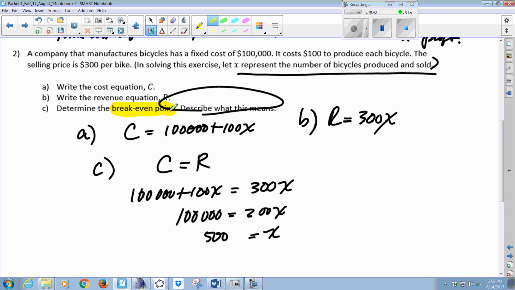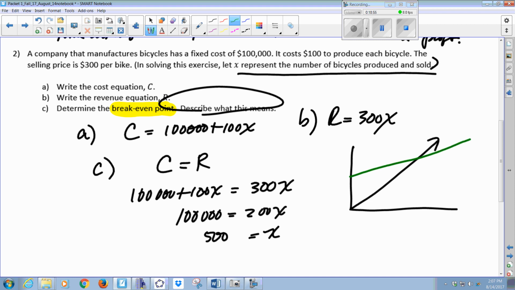Because what is that break-even point? It has two coordinates. Remember, our revenue looks something like this, 300x. Our cost looks something like this. We start at 100,000 and we don't grow quite as steeply. We grow at 100x, 100 for the slope, $100 per bike, and our revenue is $300 per bike.